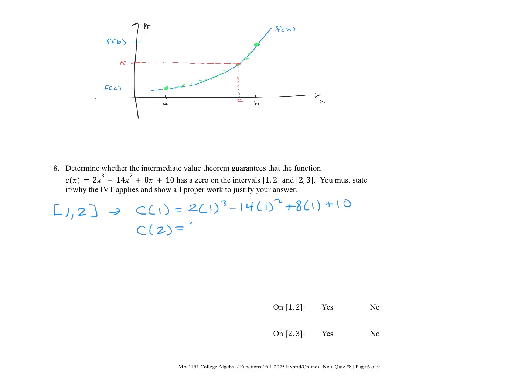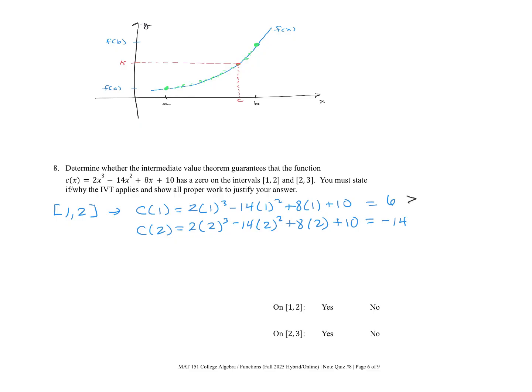C of 2 is just 2 times 2 cubed minus 14 times 2 squared plus 8 times 2 plus 10. When I calculate those, which I probably want to do on a calculator to save some time, the first number is a 6, and the second number is a negative 14.